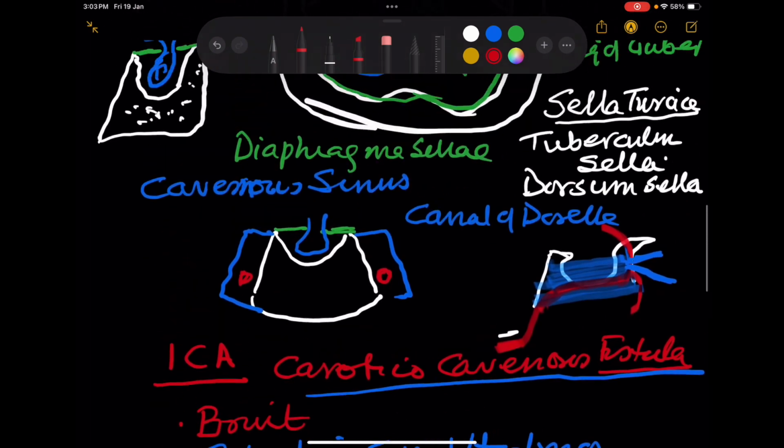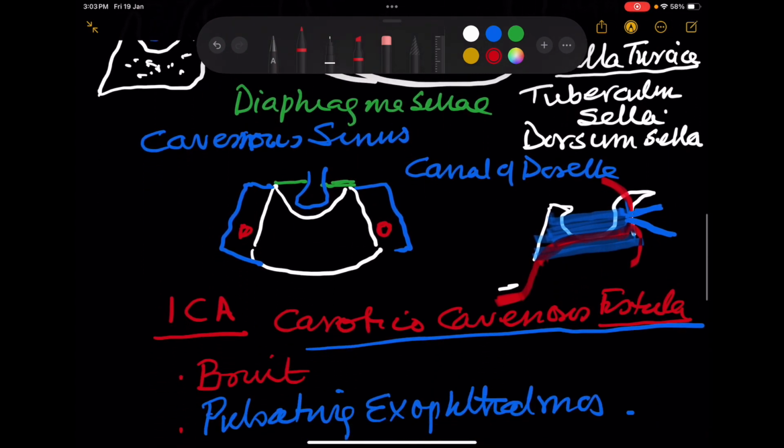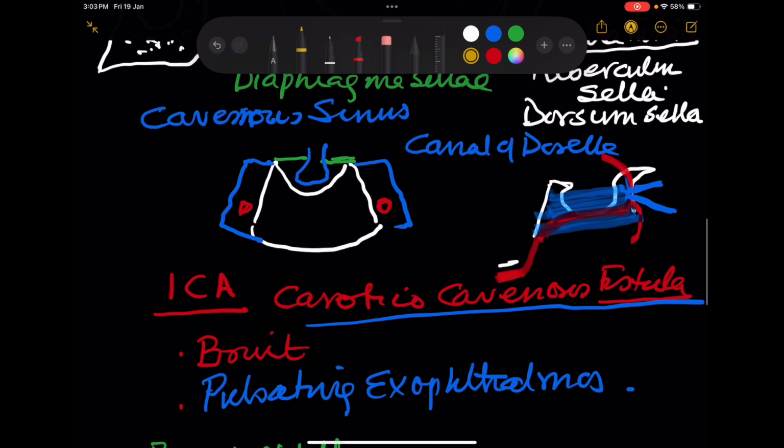So through the cavernous sinus, we have again placed one nerve, which is the abducent nerve. And then on the lateral wall of the cavernous sinus, there lie four nerves, 1, 2, 3 and 4, and we remember this by OTOM: oculomotor, trochlear, ophthalmic, maxillary.